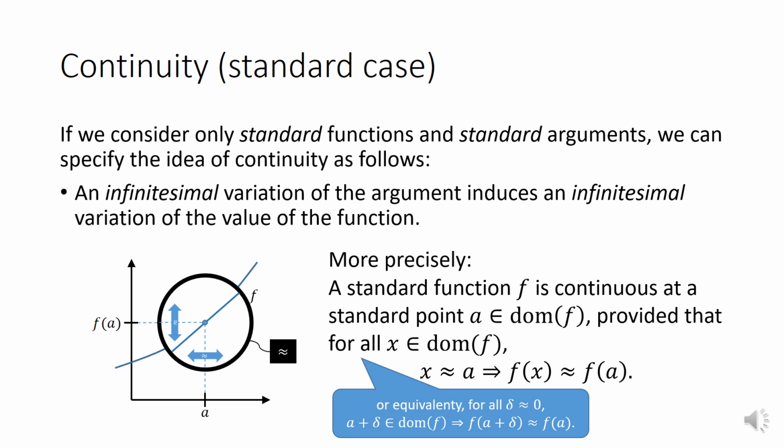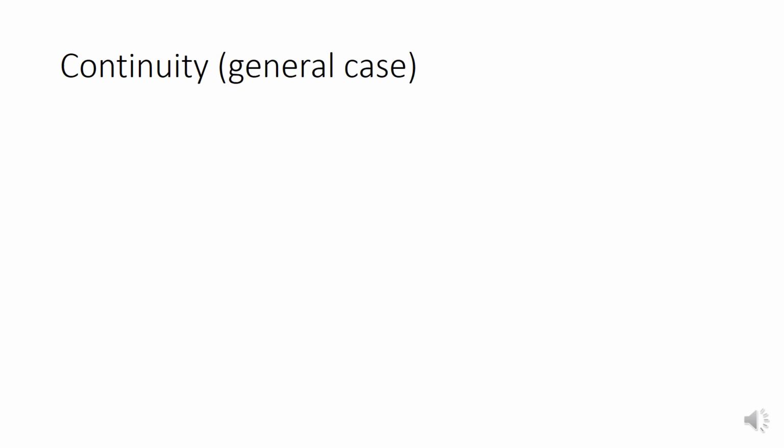This definition seems at first to be relevant only for standard functions and standard arguments. However, it can be generalized very easily. As we will see, in a certain sense, it is actually sufficient to look at the standard case. We therefore start with the definition of a predicate S-cont that characterizes continuity in the standard case.